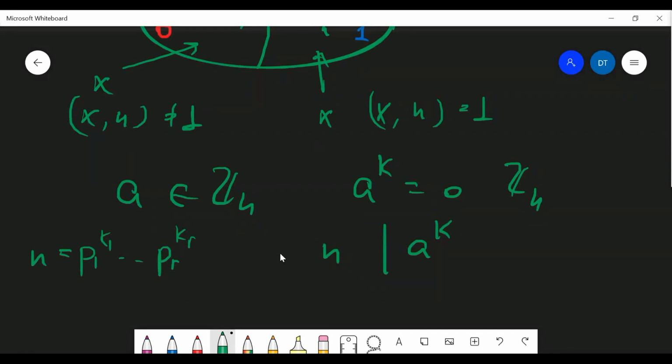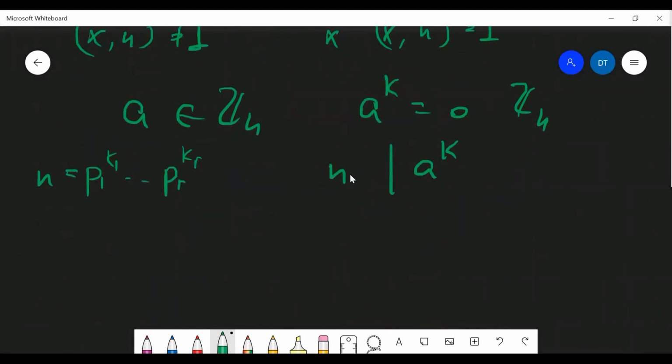So what does it mean that n divides a power of an element A? How do you think? Well, if n is represented like here, what does it mean that we have this for some k? I think that for each p, k is more or equal than k with the index on the left side.